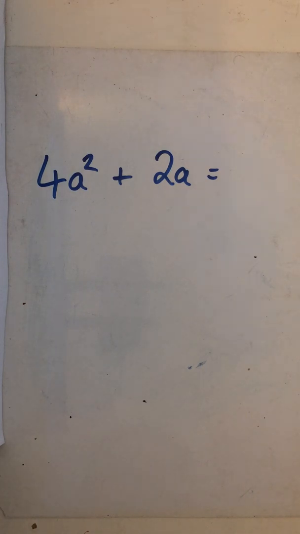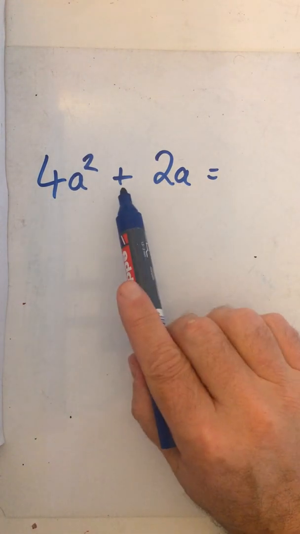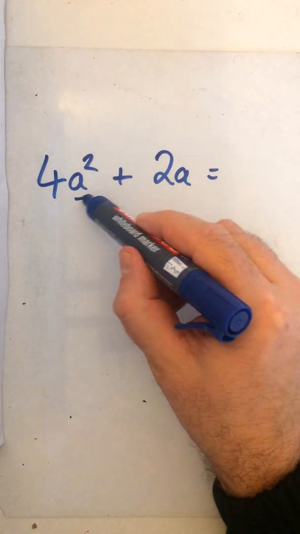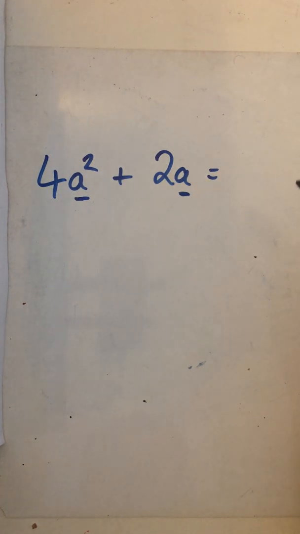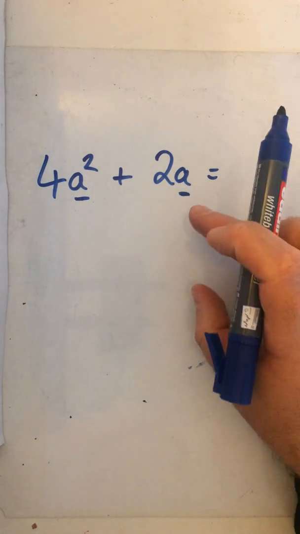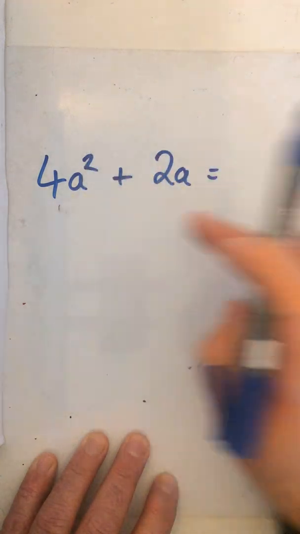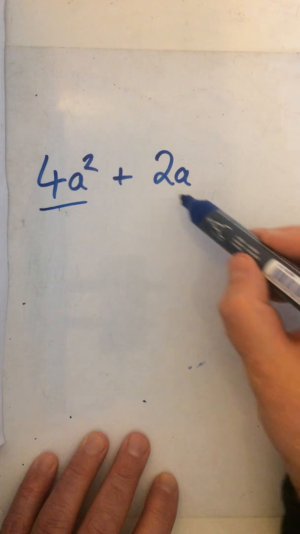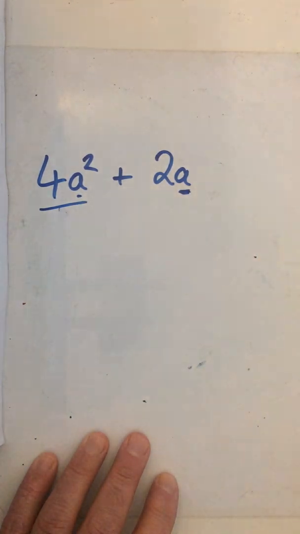Remembering, when we simplify and it involves adding and subtracting, we have to find like terms. Are these like terms? A squared and a. They're not. So this one can't be simplified any further, because 4a squared and a are not like terms.